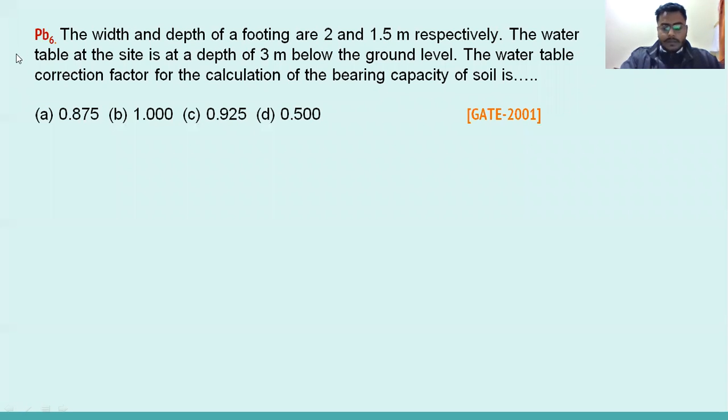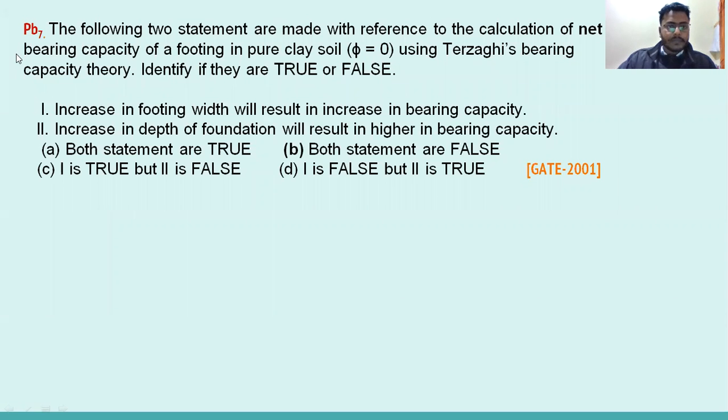Let's have the next question. In the question it is given: the following two statements are made with reference to calculation of net bearing capacity of footing on purely cohesive soil, phi is equal to 0, using the Terzaghi bearing capacity theory.